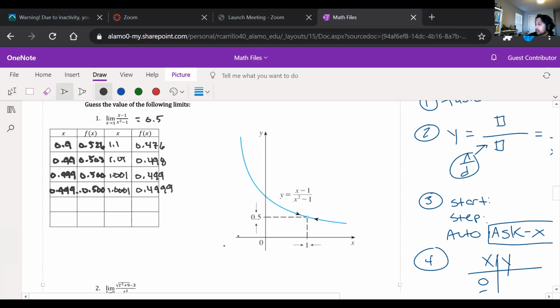Your limit from the right is getting closer to 0.5. Therefore, the limit from both sides has to be 0.5. So any questions about that? Any calculator issues? Anything at all? We got a thumbs up.